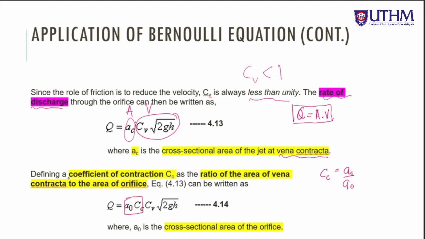Okay, and defining a coefficient of contraction, CC, macam yang saya mention tadi kan, coefficient of contraction as the ratio of the area of vena contracta to the orifice, AC over AO.